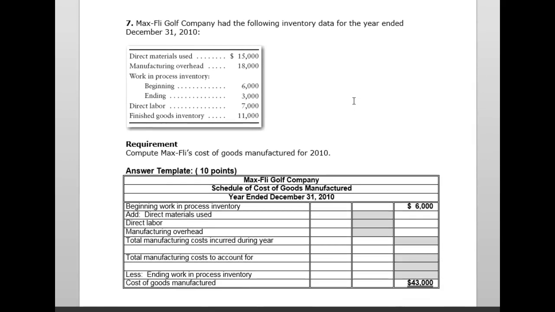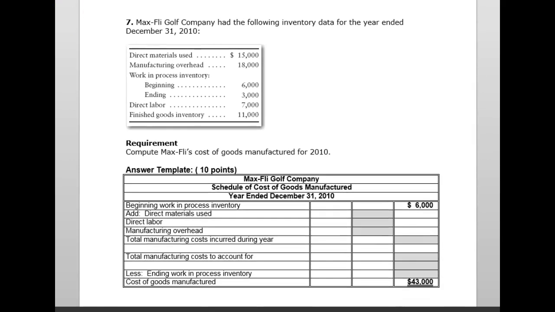The next one we look at, you're going to do a cost of goods manufactured, and you'll find that on page, oh boy, I thought I had that marked. You have all the numbers you need, and you literally have to just take the numbers from up here and put them down here. You're going to add the direct material used, and I believe they give you that number. You've got direct labor, and then you have manufacturing overhead, which is going to give you the total manufacturing costs.